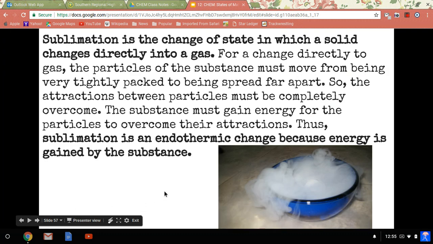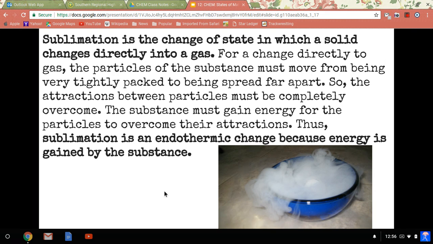Up next is one that you may have only seen a few times. Sublimation is a change of state from a solid directly into a gas. So the classic example for sublimation is dry ice. If you have never played with dry ice before, don't worry, we'll be doing it in class. So you're going to be going from a solid state, so really tightly packed together, to a gas state without ever becoming a liquid.